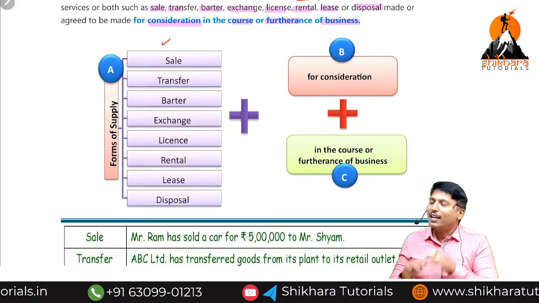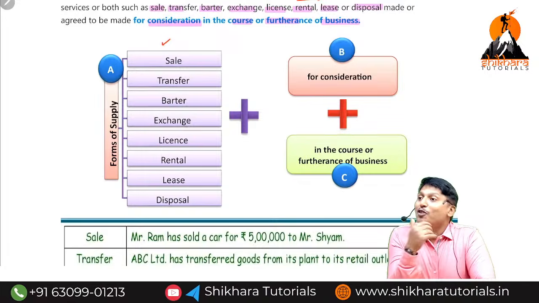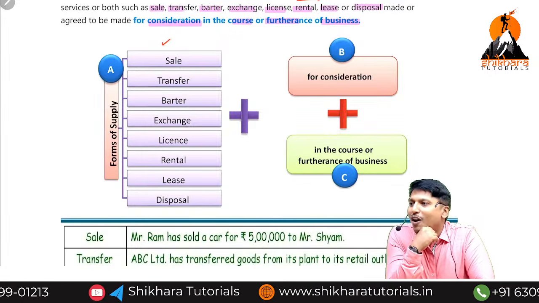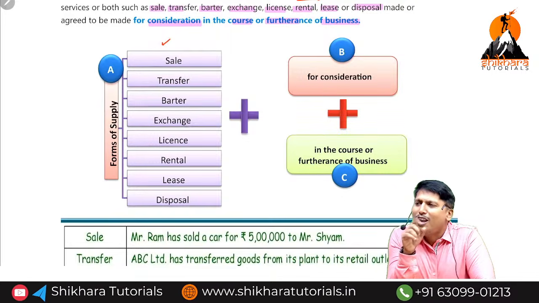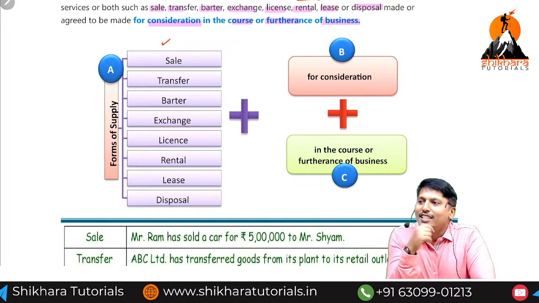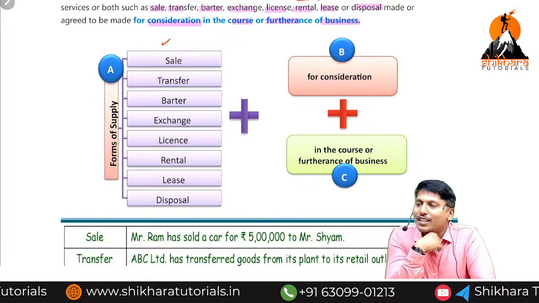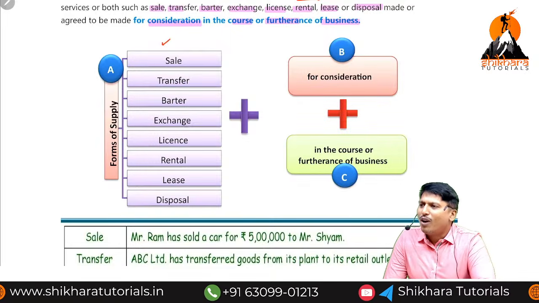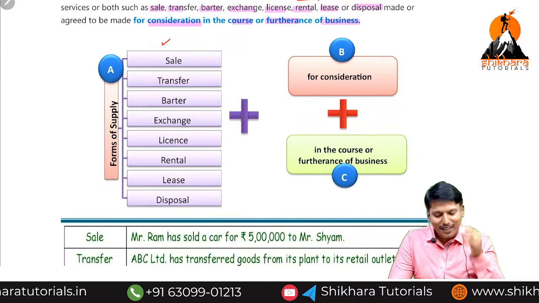Even on a cash basis, you need to pay GST. In future if there is some other sale, that is also a supply. Earlier, what tax was levied on sale? Sales tax. Now GST, because sale is a supply. All types of sales are supplies.